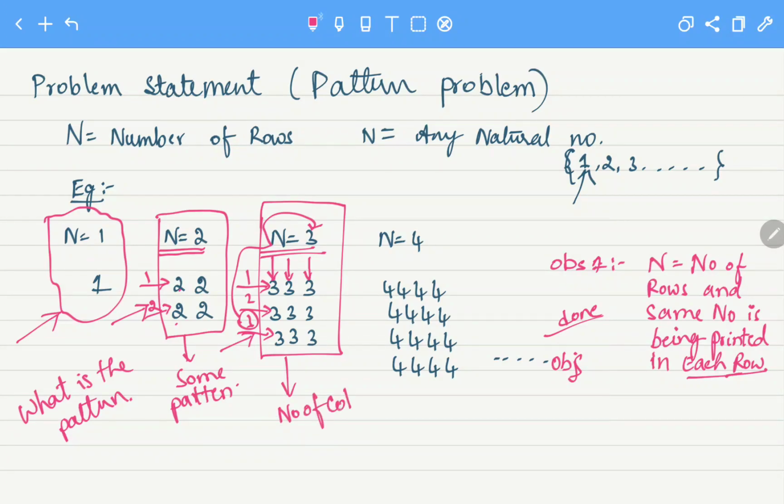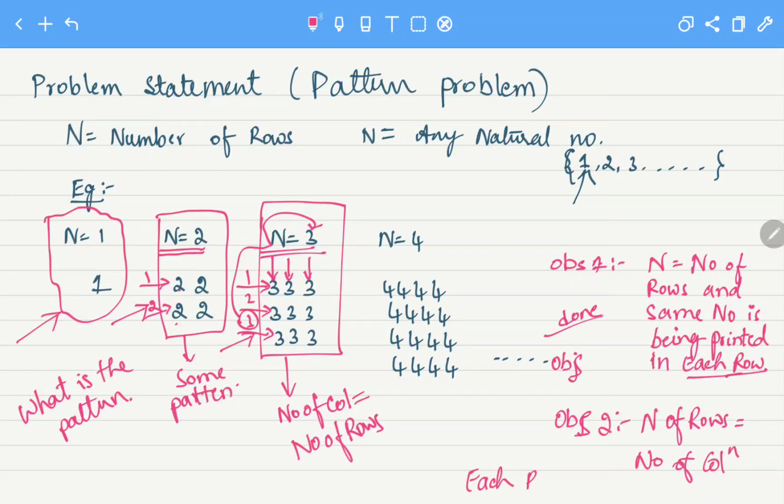Observation 2: the number of rows is equal to the number of columns, and in each row and column the same number is to be printed.